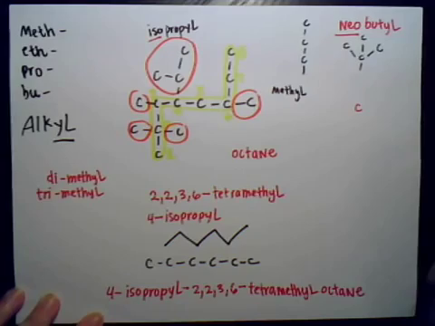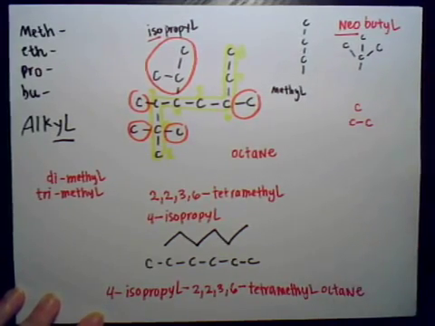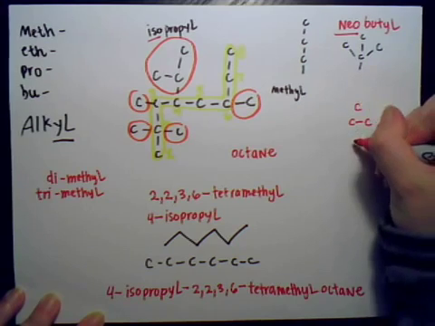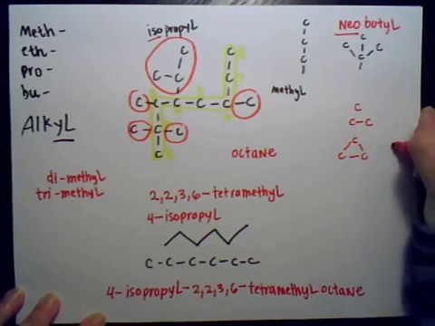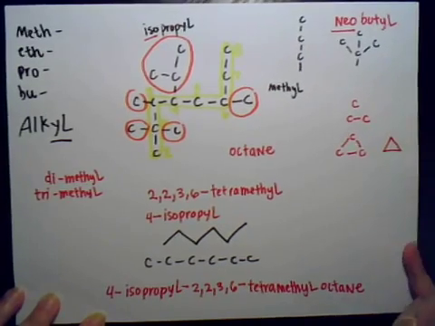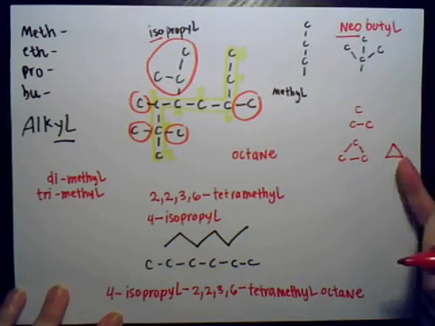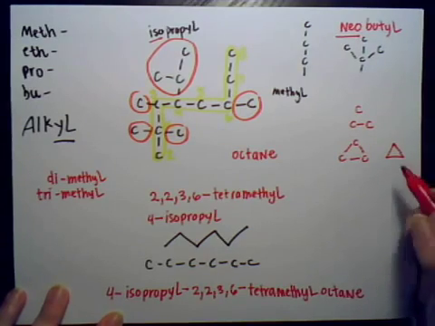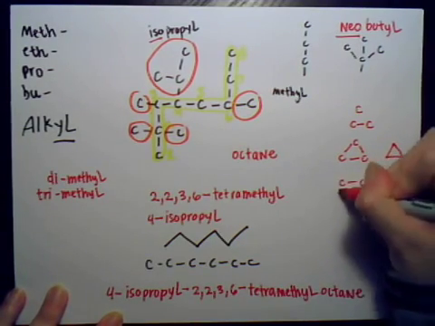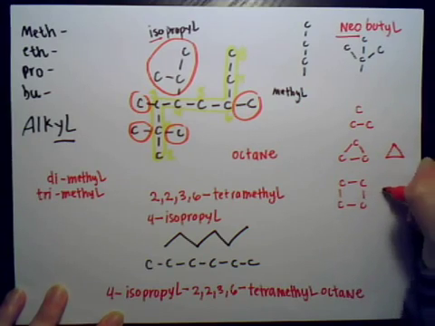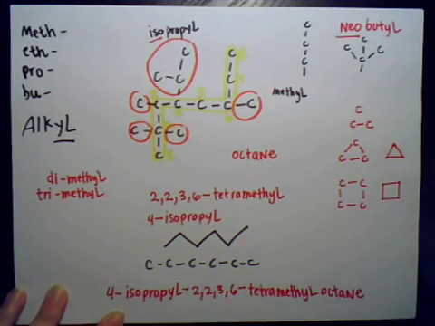Out of an ethyl, we couldn't have a cyclic either, because there's no way to wrap around to make a cyclic compound. But with propyl, with 3 carbons, we can. It would be an arrangement like this, drawn like a triangle. So that would be a cyclopropane.